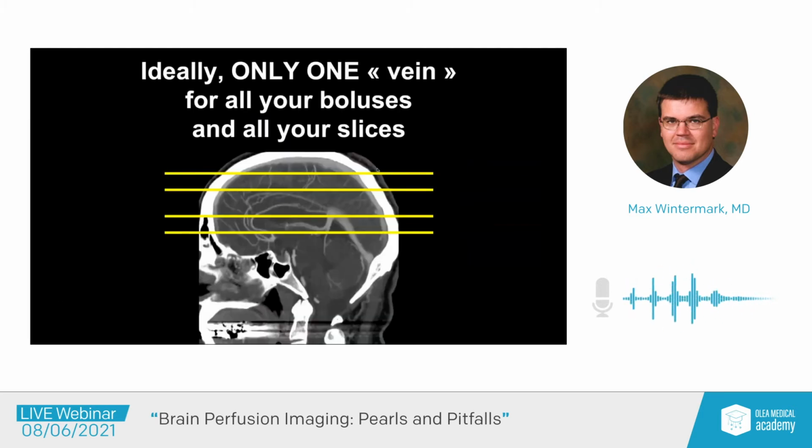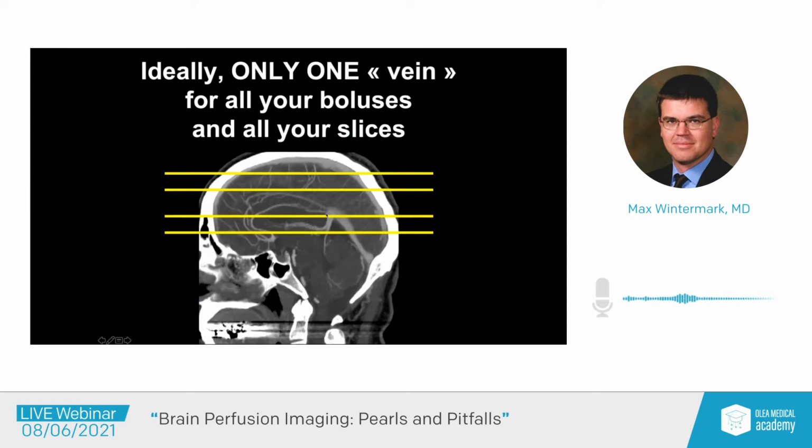A situation where that may be a problem, we discussed the situation where the patient's head is moving, and so the skull may kind of mimic a venous output function, so that's a problem. Now let me show you another situation where it could be a problem.